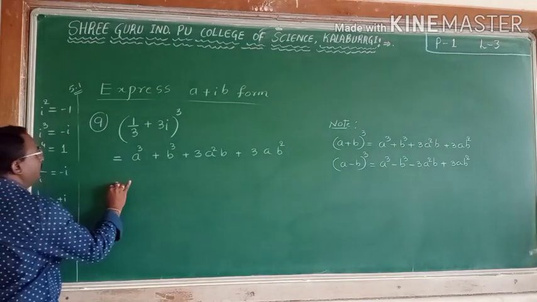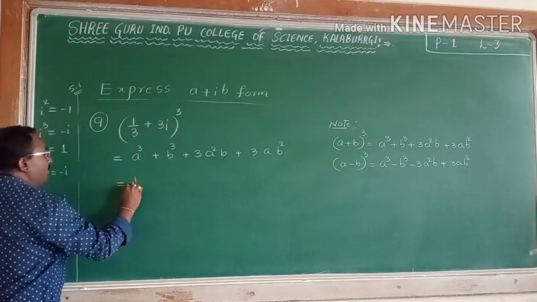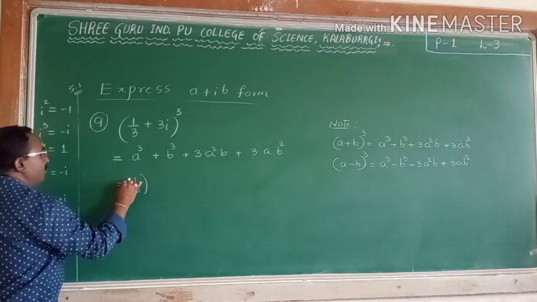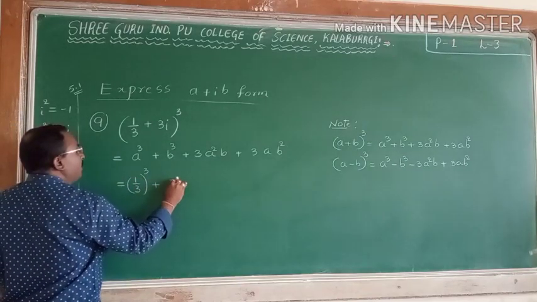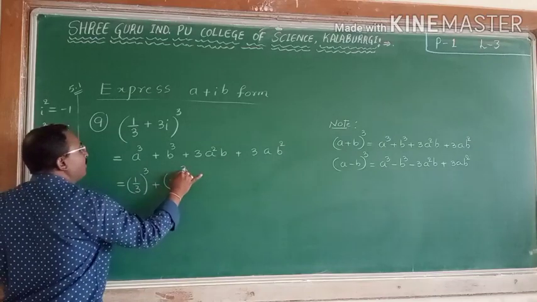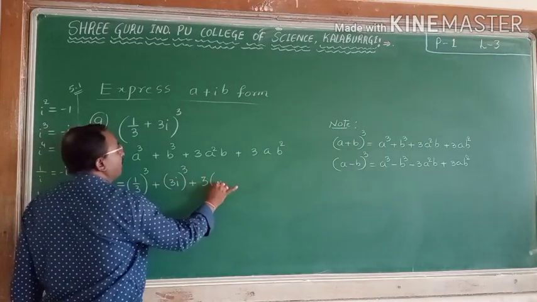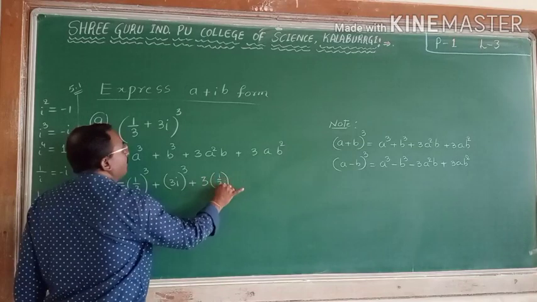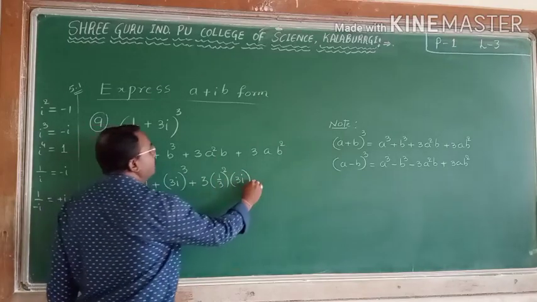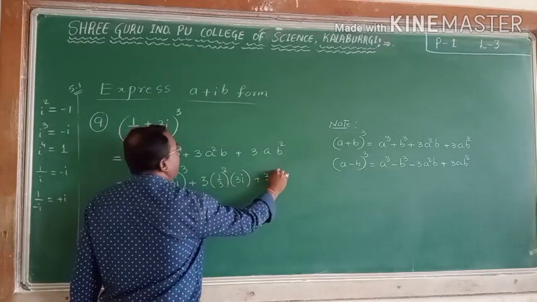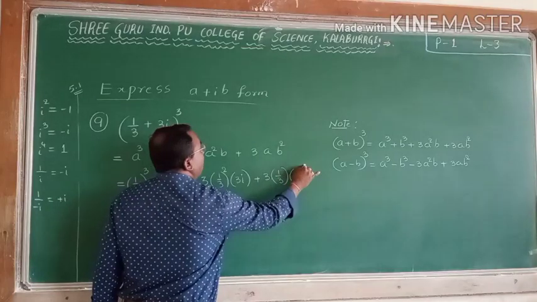Apply that formula, that is a replaced by 1 by 3, b replaced by 3i. a cube is 1 by 3 whole cube, plus b cube, 3 into i whole cube, plus 3a, 1 by 3 whole square, b, 3i, plus 3a, 1 by 3, b, 3i whole square.